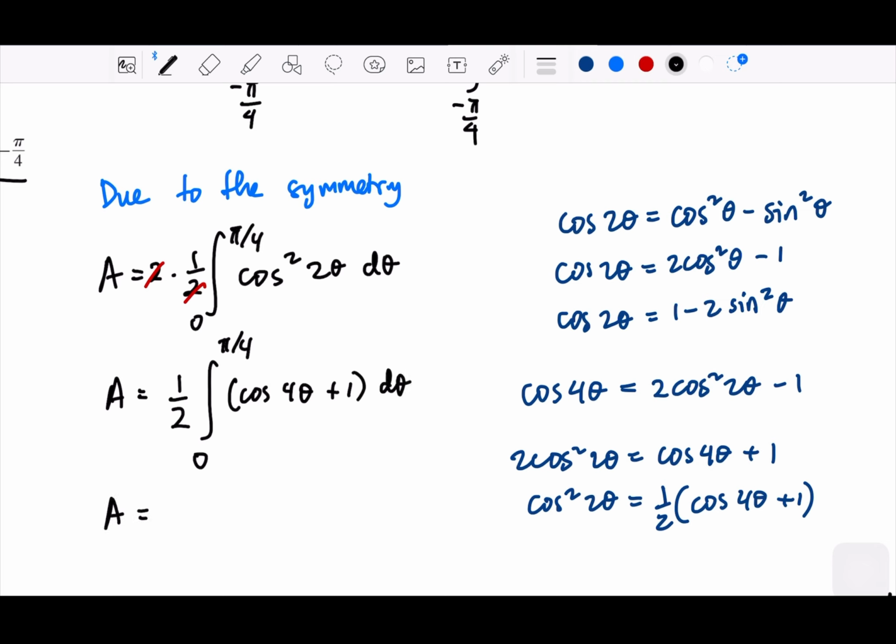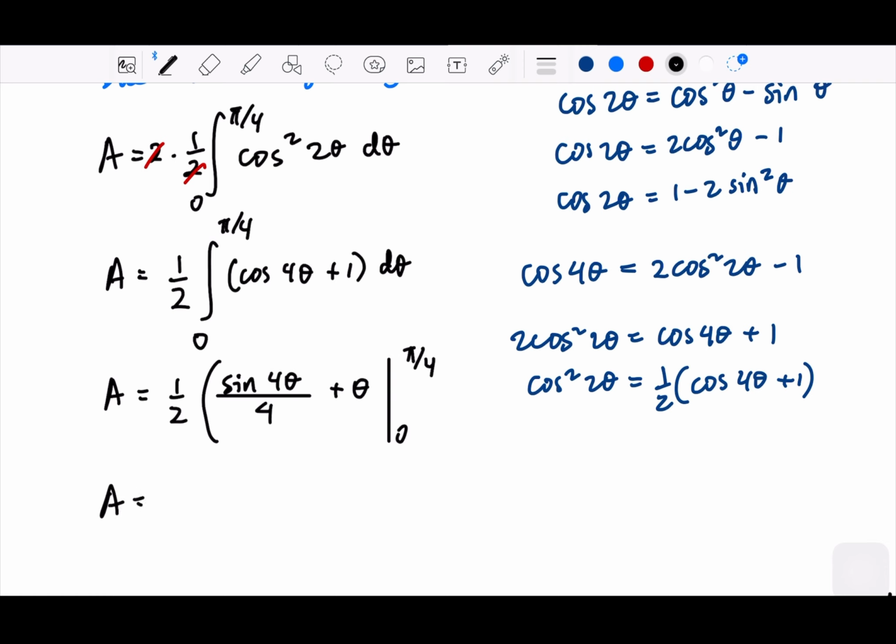And integrate as usual. Cosine 4 theta becomes sine 4 theta divided by 4, plus theta, and evaluate from 0 to pi over 4. The sine part will be 0, and theta, pi over 4 multiplied by half, is pi over 8.